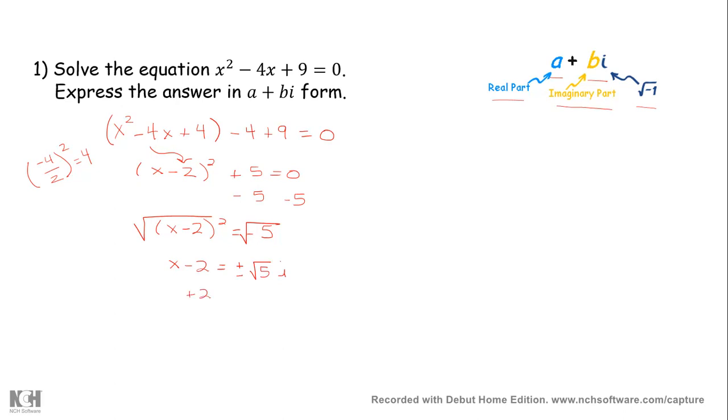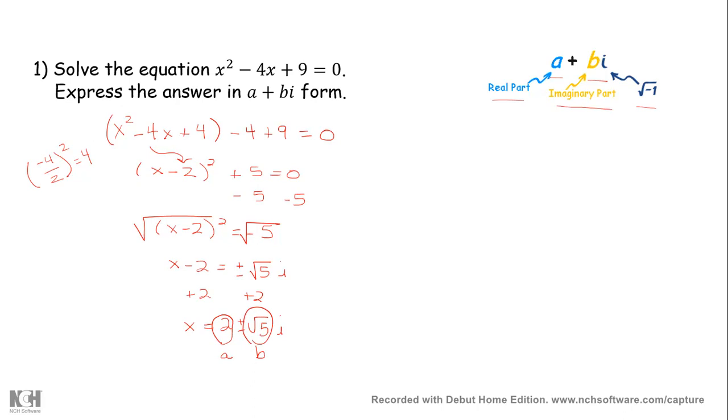Then adding 2 to both sides, I end up with my answer, x equals 2 plus or minus the square root of 5 i. That's my a, my b value, and that is the final answer.